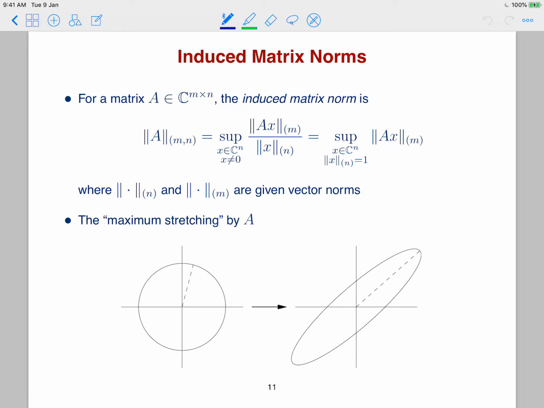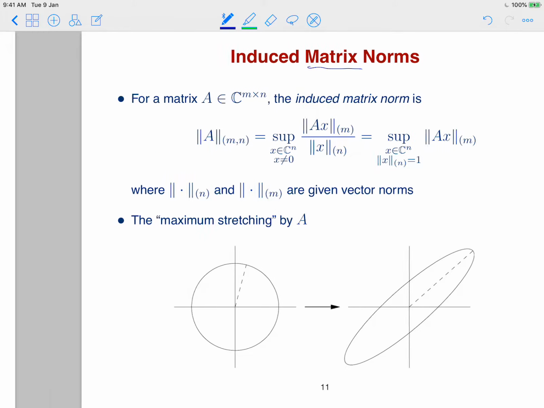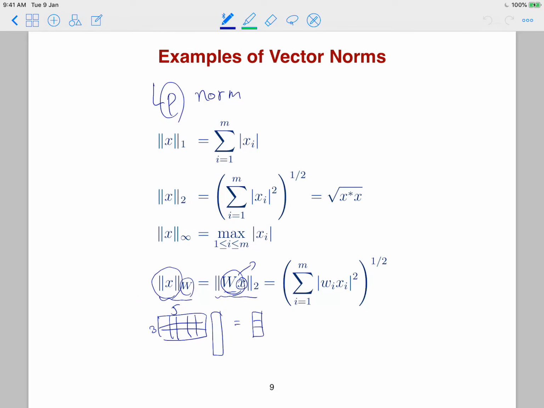Okay, and the next norm that we will discuss is the matrix norm. In the previous cases, including the LP norm and the more advanced type of norm, we still compute the norm of a given vector, so the input should be a vector, right?